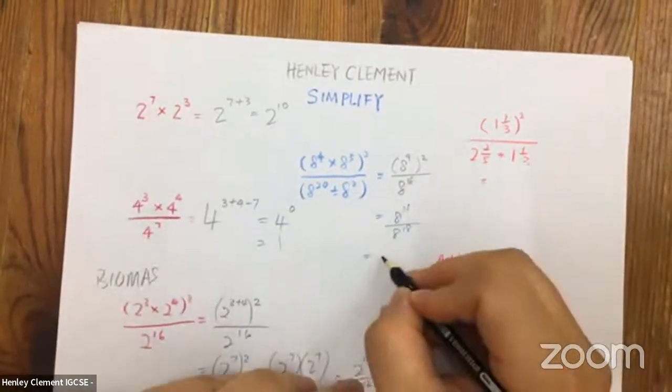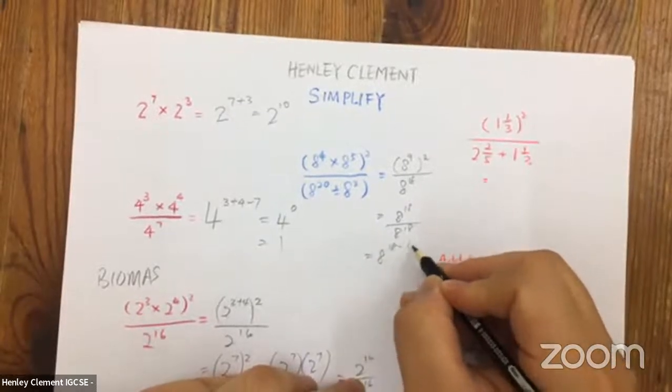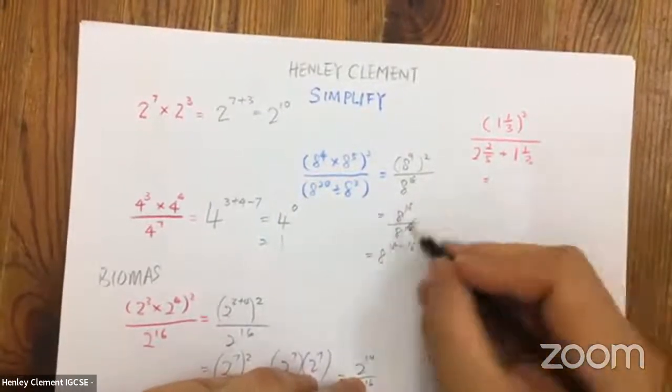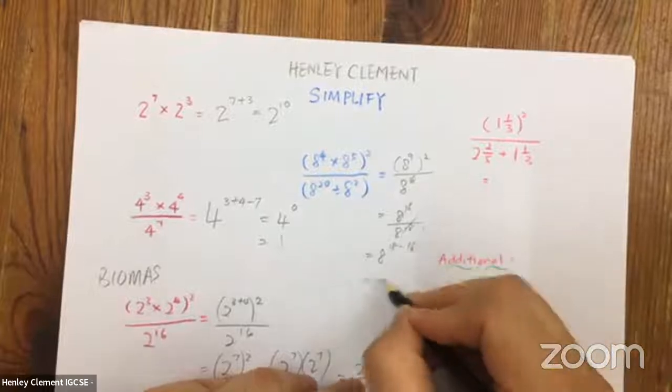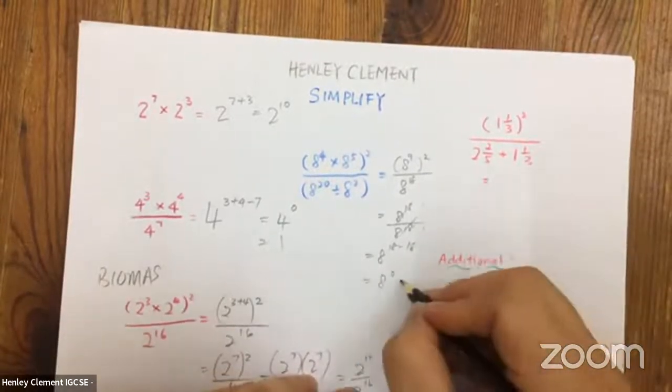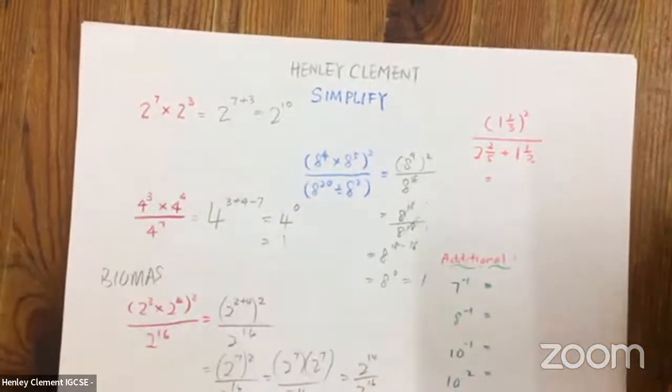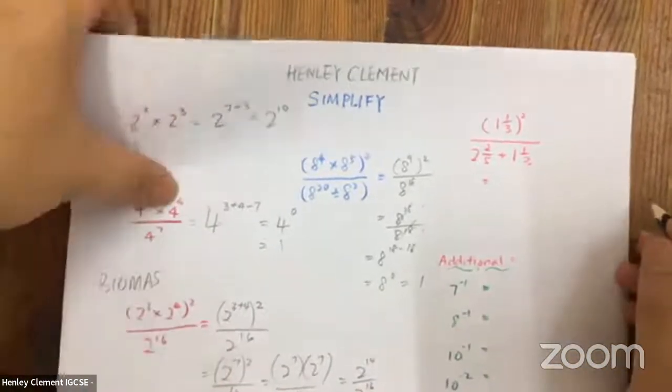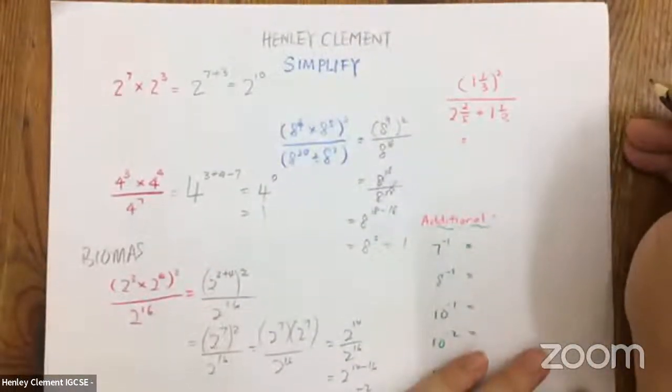So it means 8 to the 18 minus 18, or you can cancel each other. So you get nothing, right? 1 over 1. So it's 8 powered by 0. So it's 1. Just like this one, 1 over 1. So we have this one as well for our exercise.